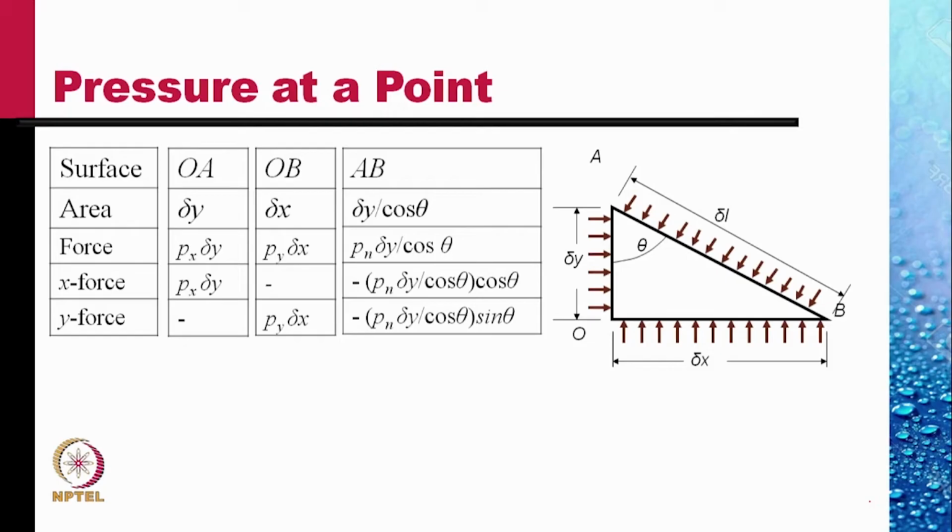If the pressure on the surface AO is Px horizontally and on surface OB is Py vertically, and on surface AB it is Pn normal to the surface, then the x components of forces on the three surfaces are Px delta y, 0, and minus Pn delta y divided by cosine theta, which is the total force multiplied by cosine theta, the horizontal component.